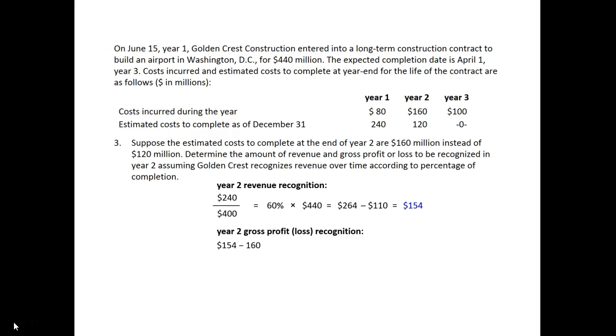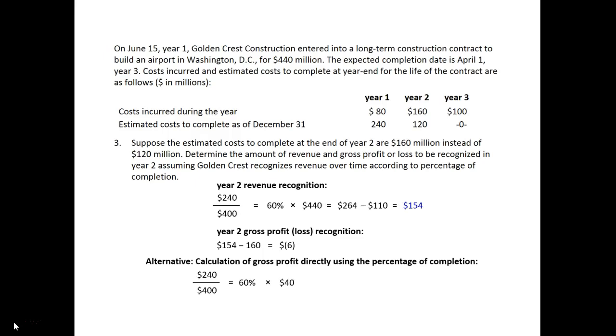The 154 in revenue minus the costs that were incurred will give us a gross loss in year 2. So basically we've got, by changing the estimated costs, we would have an estimated in year 2 loss of $6 million.